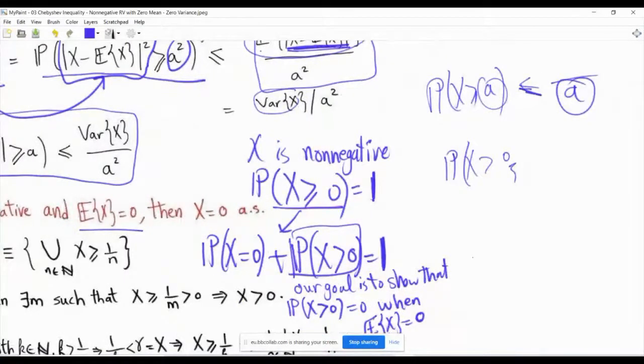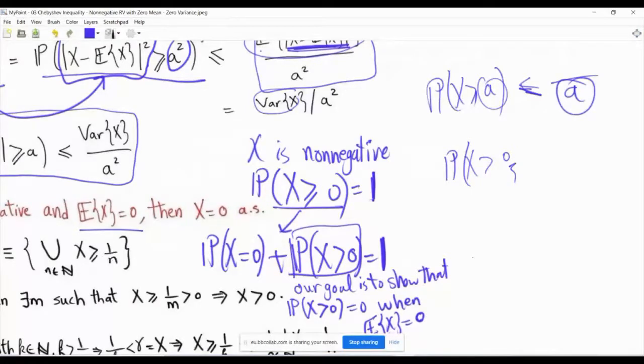We want to investigate the probability that x is strictly positive, so we want the probability that x is greater than 0. Markov is not ready for this, right?